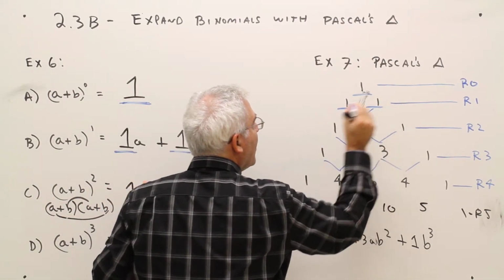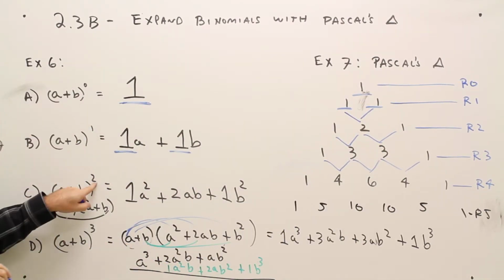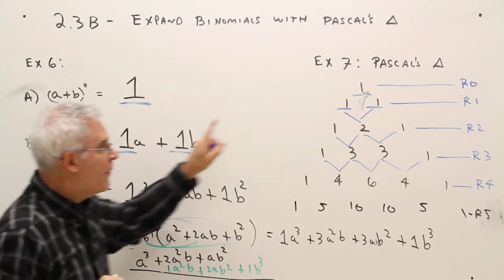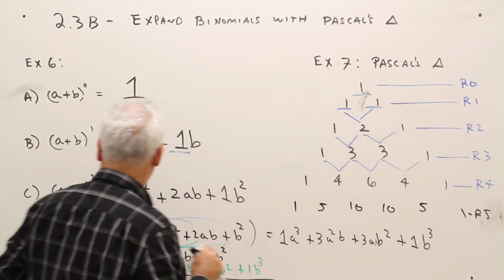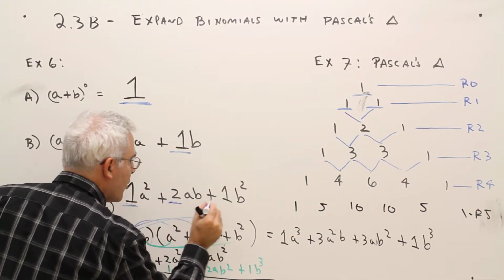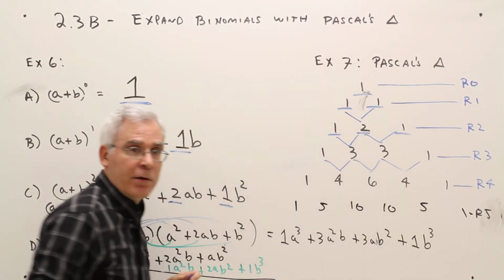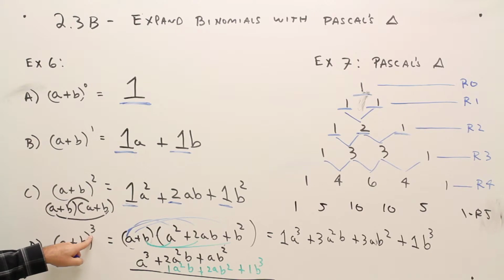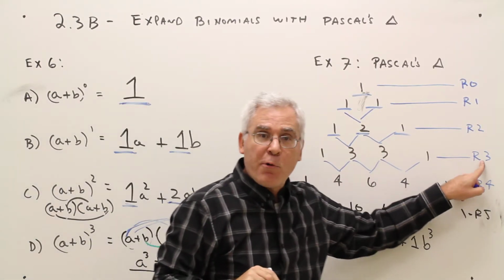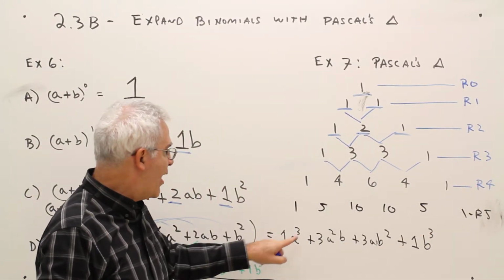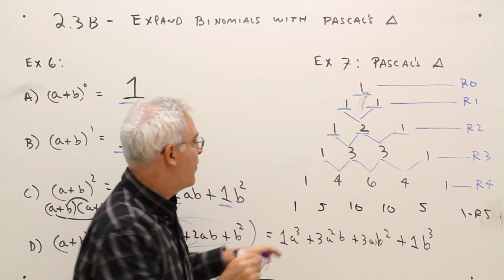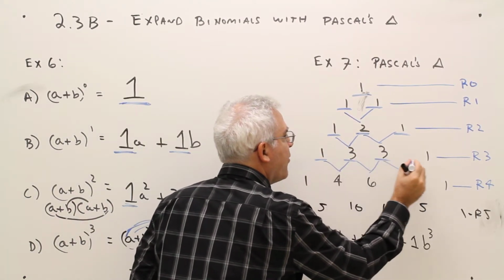I raise this to the 2nd power. I'm in row 2. I've got a 1, a 2, and a 1. I raise this to the 3rd power. I'm in row 3. I've got a 1, 3, 3, 1.